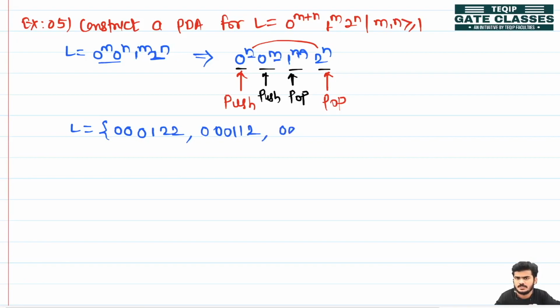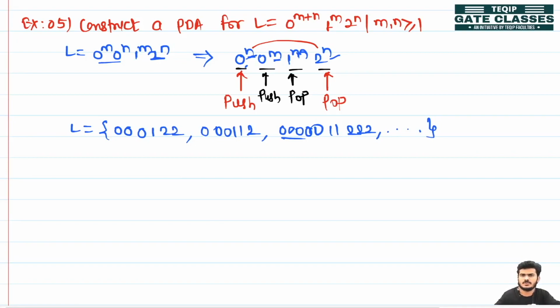Similarly, this 0 becomes 3, meaning n is equal to 3, and m becomes 2, so this 2, and finally m becomes 2, and this 2 becomes 3 because n is equal to 3. Okay, so likewise we will get an infinite number of possible strings over this language.